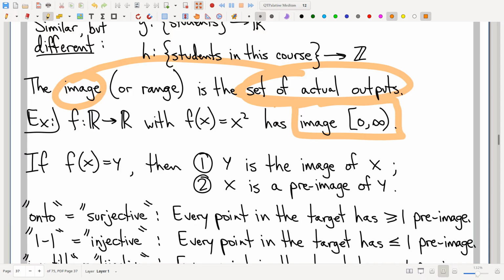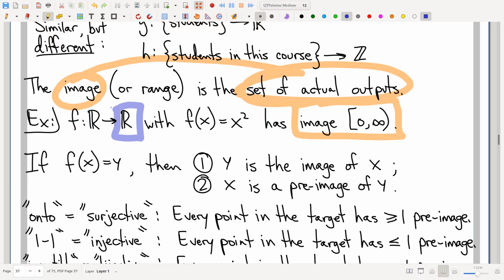So even though the target is all of R, the target is just saying, what are we promising all outputs will land in? I'm promising that they'll all be real numbers. Right? But what are they actually? Well, they are all real numbers, but we can say it even more than that. In fact, it turns out they're always non-negative real numbers in practice. So that's the difference between the target and the image.